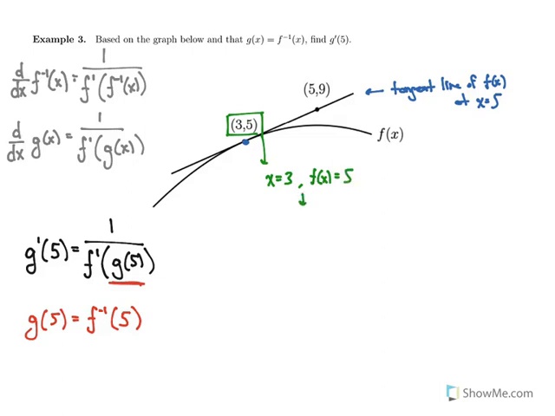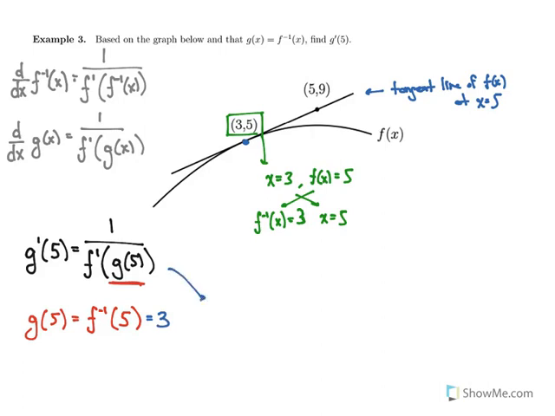So that means that when x is equal to 5, the inverse is equal to 3. It's like we switch the roles of these things. We switch the x and the y. So here, the inverse of 5 is going to be equal to 3.